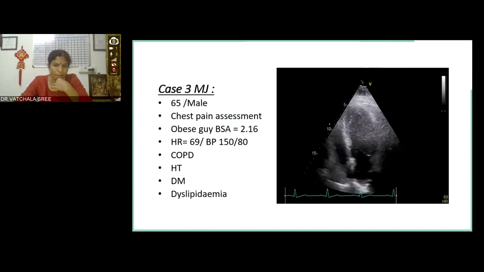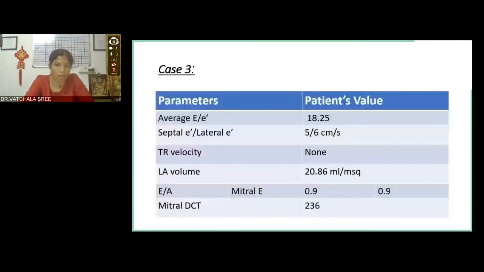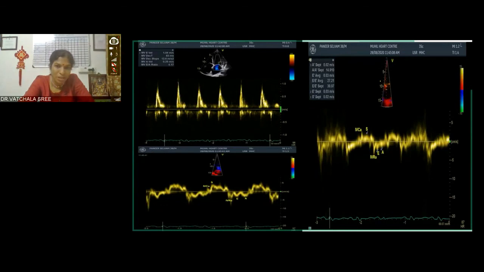Yes. Why, madam, why the doubt? Because I showed you a case that you have doubts here. About this patient, sir? Madam is asking about this patient. Correct, ma'am. As you see, the E velocity that we have measured is 1.04, so the E wave is quite tall.